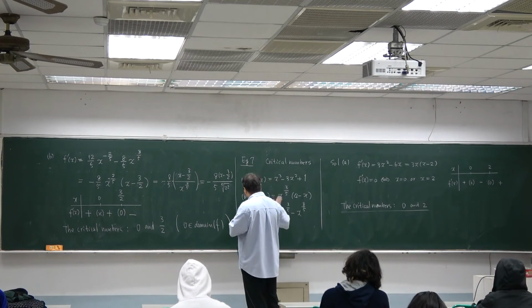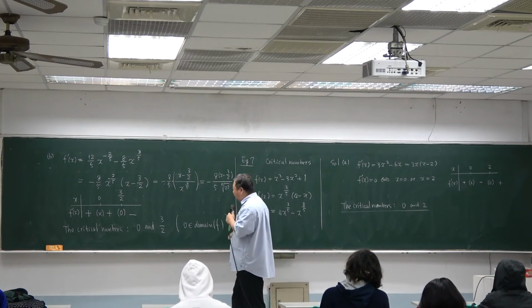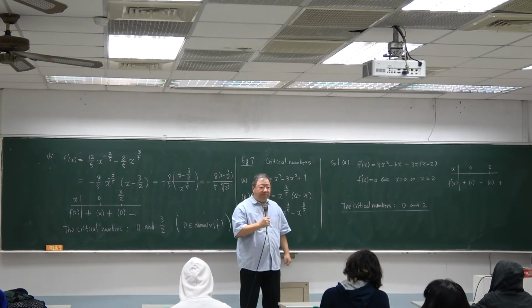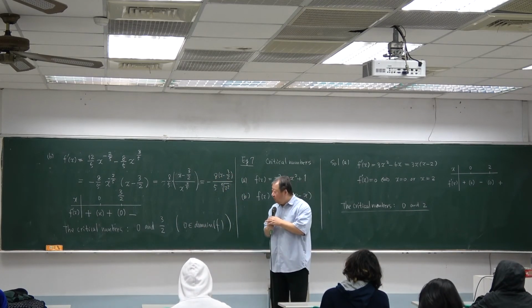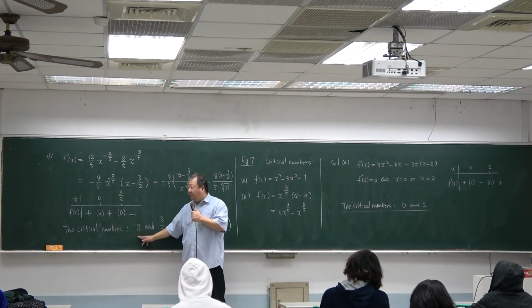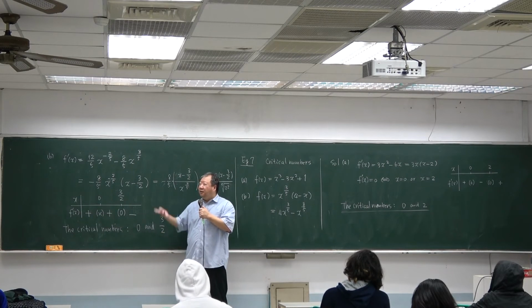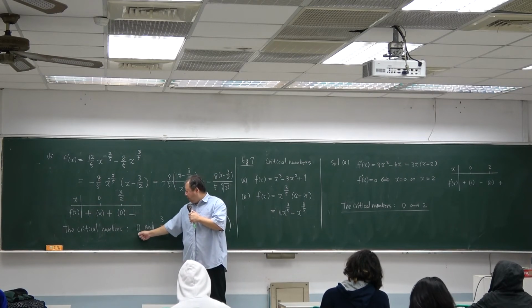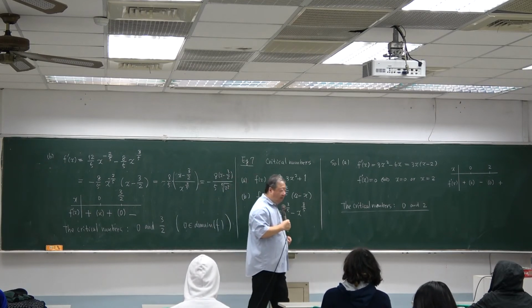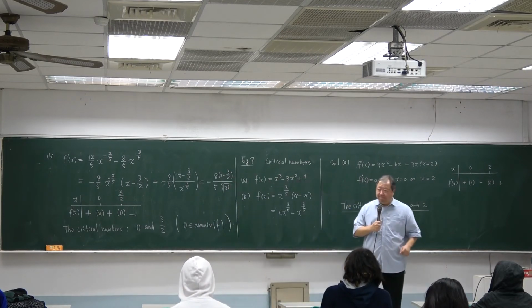If 0 is not in its domain, then 0 cannot be a critical number, because the definition of critical number, the necessary condition, the premise is that the number is in the domain of f.